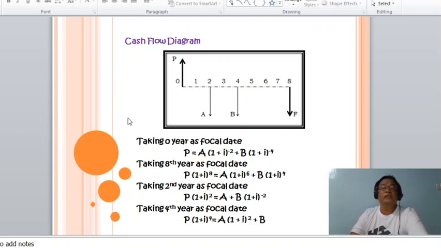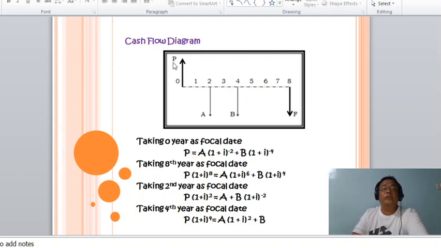Next, if we take 8 as the focal date, what would now be the equation? We are going to bring this P to year 8.